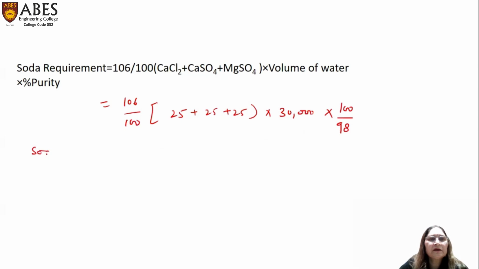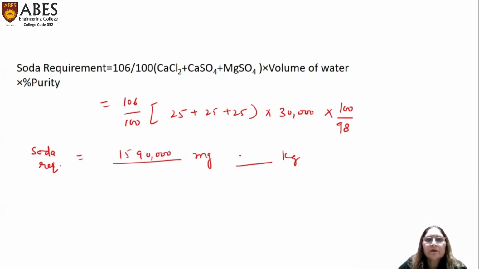And soda requirement is equal to, first of all, answer in milligram and after that report in kg, 1590 milligram, that is 1.59 kg. That is the soda requirement.